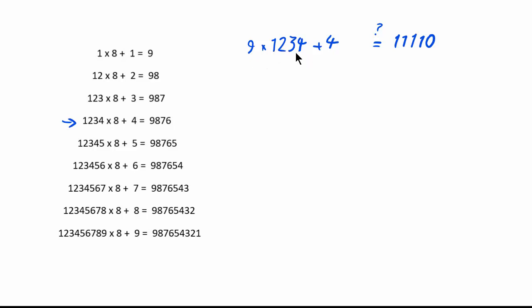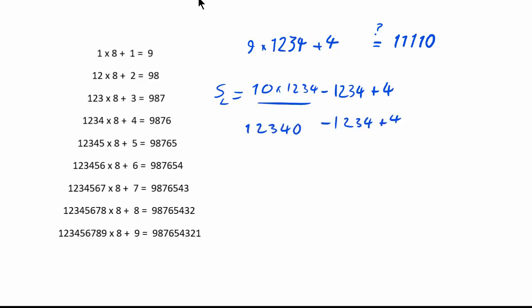We have 9 times this number, which is 10 times this number minus 1 of it. We write the left-hand side, so it's, and this is, if we add this, it will become 1, 2, 3, 4, 4, minus 1, 2, 3, 4, which is clearly 0. 4 minus 3 is 1, 3 minus 2 is 1, 2 minus 1 is 1, 1 minus 0 is 1.